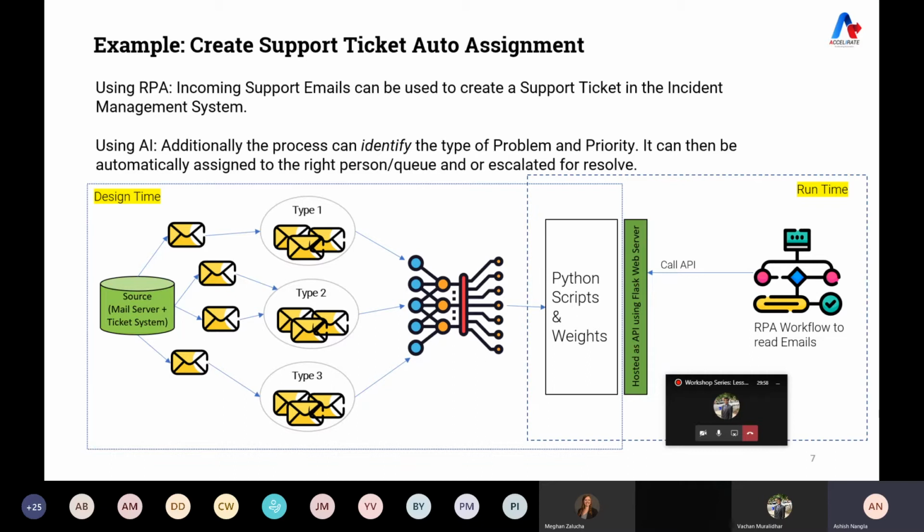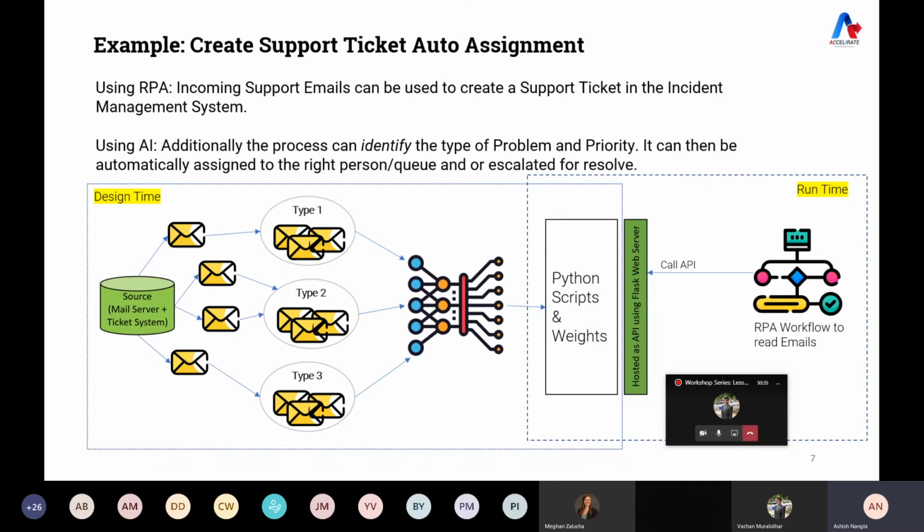The use case here was essentially that we should be able to automatically read some of these emails, identify what kind of problem is being talked about, and also how much priority we should be giving to it, and log it into the system using RPA, but additionally using AI to extract the specific problem, the class of problem, and the priority in which this needs to be taken care of.